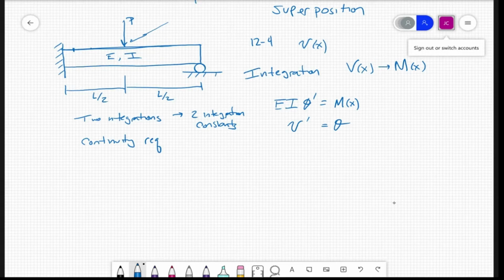So we got to get the shear and the moment diagram for this one, right? So obviously, let's do that one.